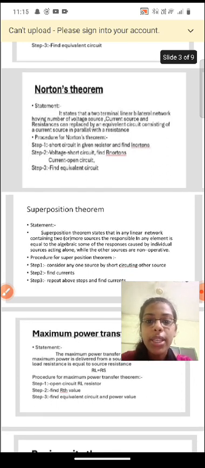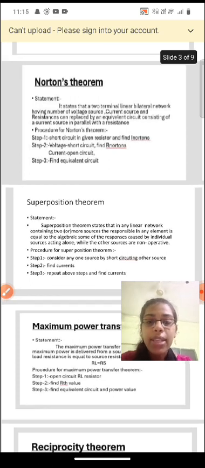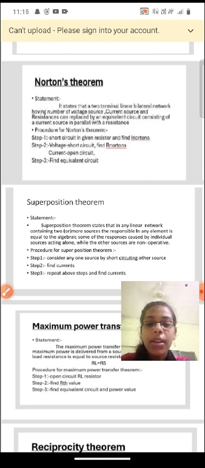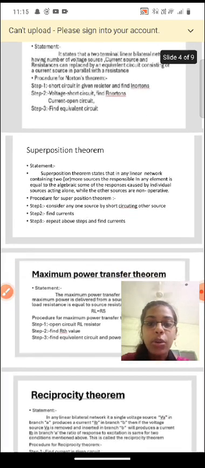The procedure for Norton's theorem has three steps. Step 1, short circuit the given resistor and find the current. Step 2, find the resistance with the voltage source short circuited and current source open circuited. Step 3, find equivalent circuit.